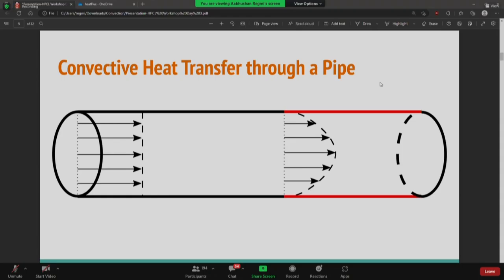The red section is where we heat the pipe. Before that, on the black section, we are going to give an adiabatic boundary condition, and on the red section we are going to provide the heat flux or temperature.